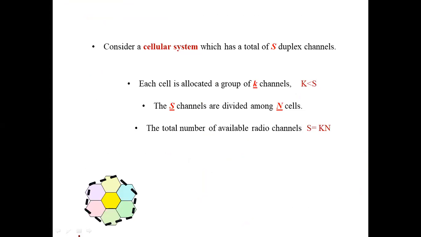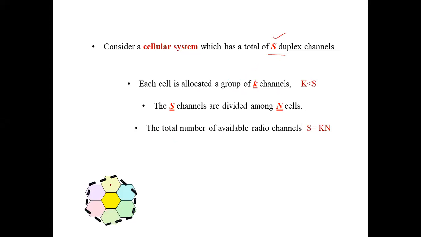Let us say a cellular system has some S number of duplex channels. Let us say an Airtel operator or BSNL telephone operator has been given S duplex channels, meaning uplink plus downlink. Each cell is allocated a group of K channels.